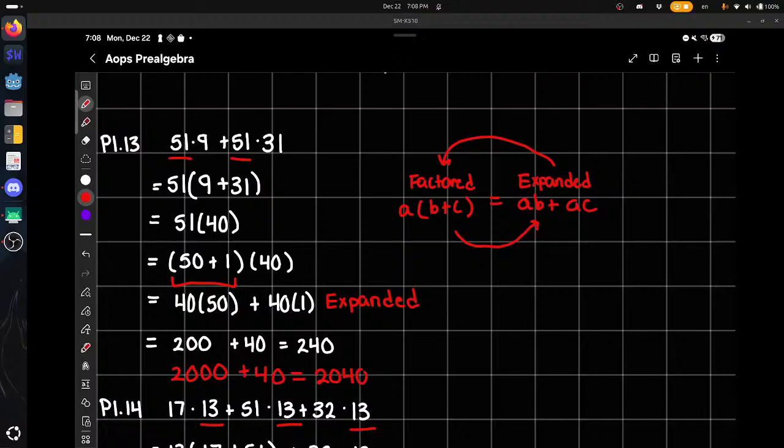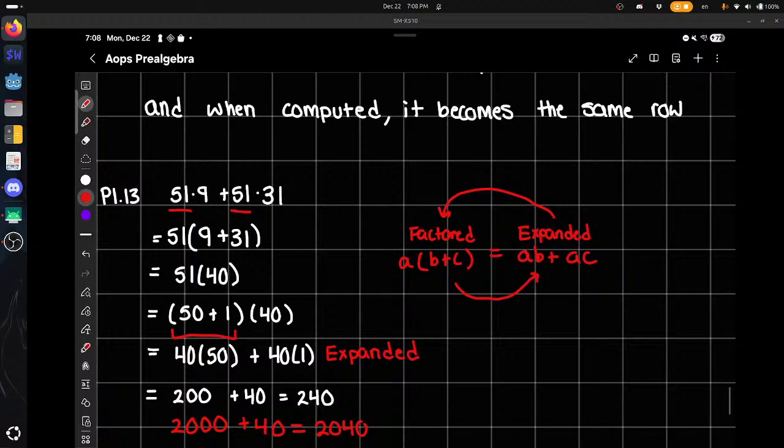An example. So they don't really give any rhyme or reason why it's called a common factor.